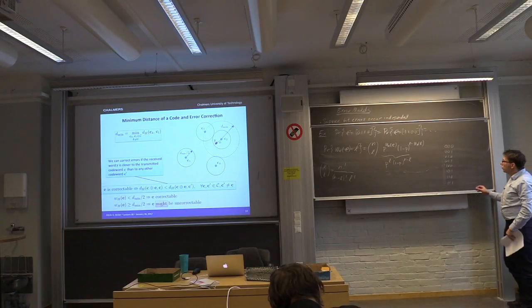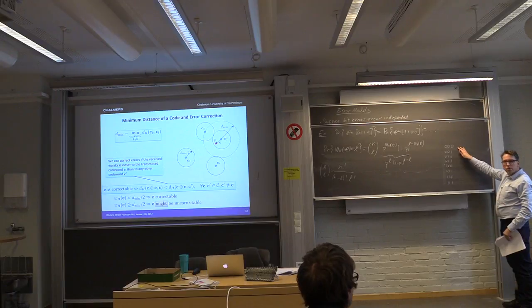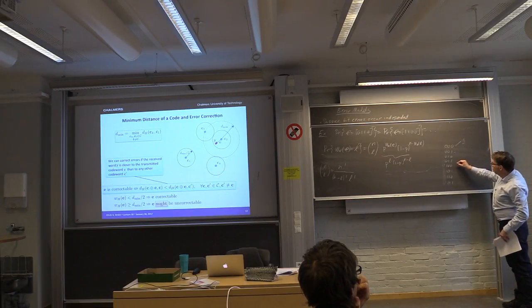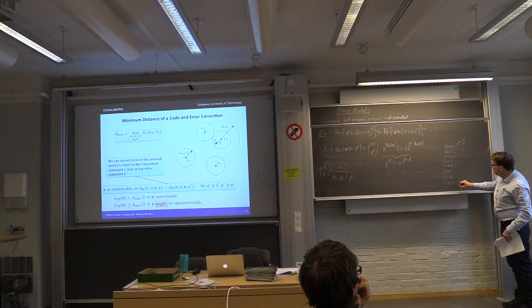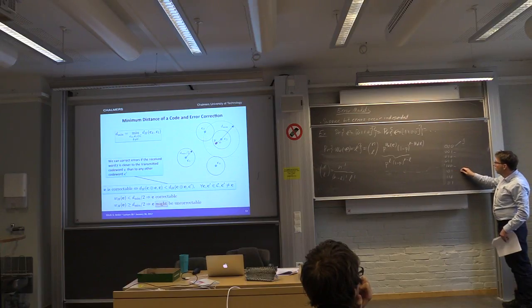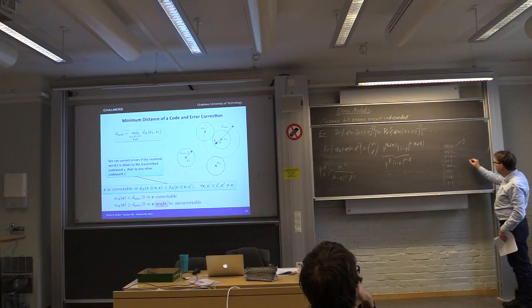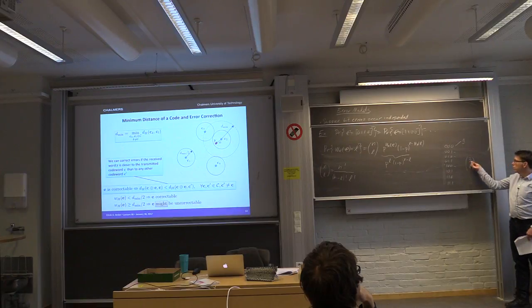Okay. So how many of those have exactly 0 ones in them? Just 1, right? And here we have all the 1-bit patterns. There are 3 of those, right? And how many 2-bit patterns do we have? We have 1, 2, 3. Happens also to be 3. And we have just 1 3-bit pattern. So in general, we have 3 over L, so 3 choose L. Okay.